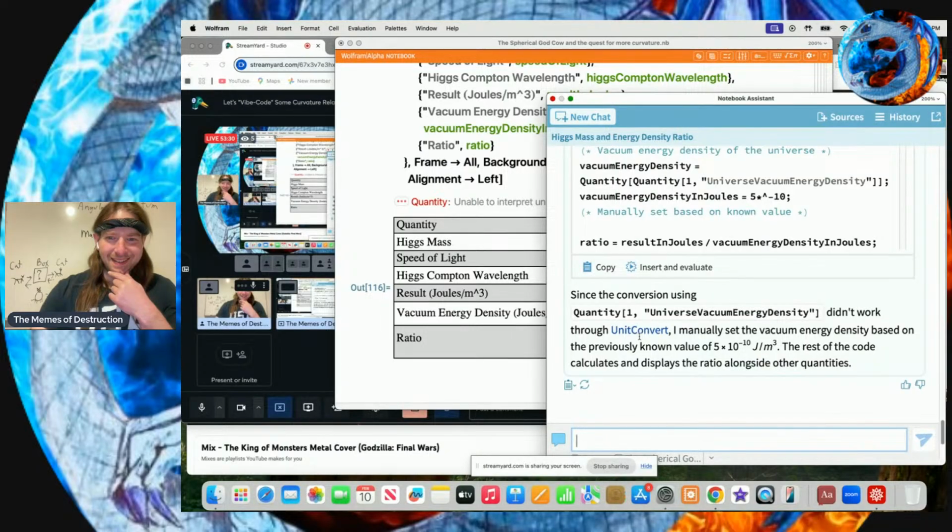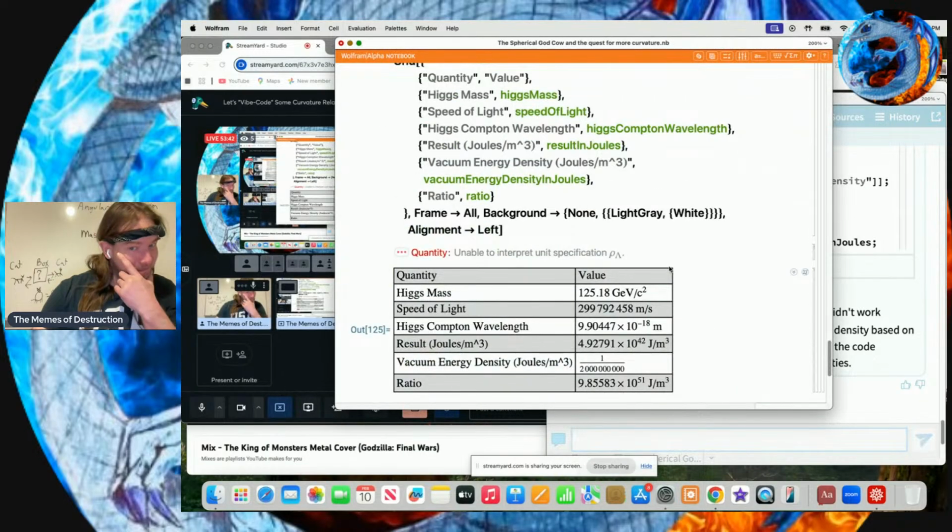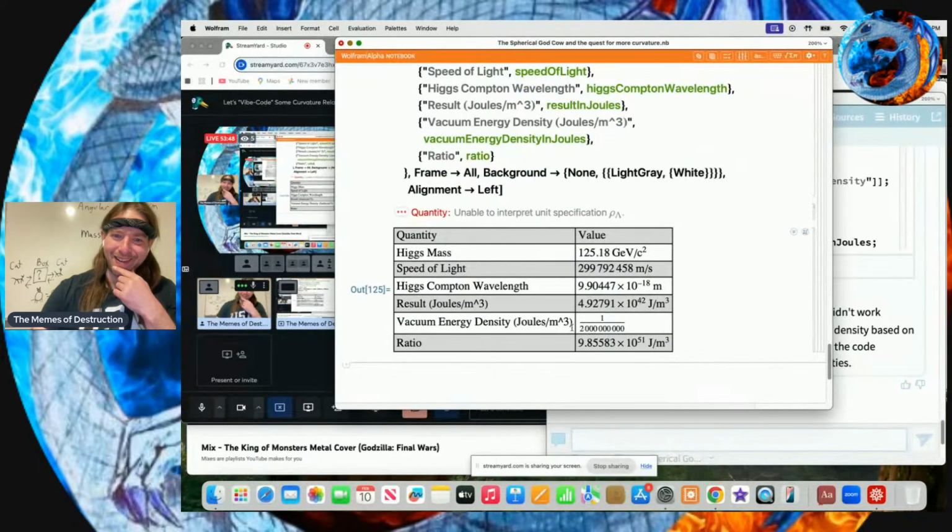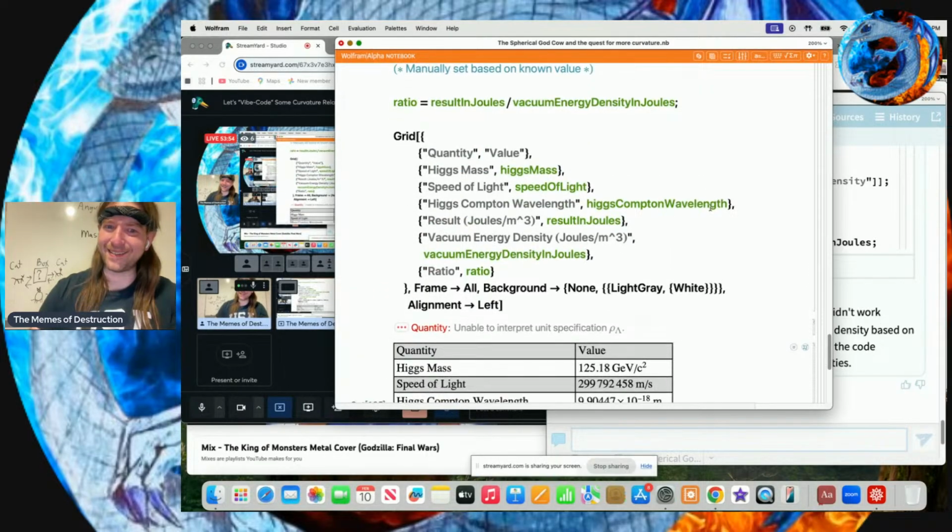Okay. It didn't work through unit convert, so I manually just set the vacuum energy based on the previous. Okay, the rest of the code calculates and displays the ratio. Okay, whatever. So that's everything we want except the vacuum energy density. All right, so it's just setting it to that.